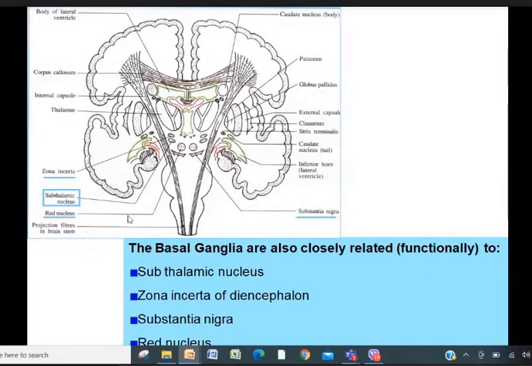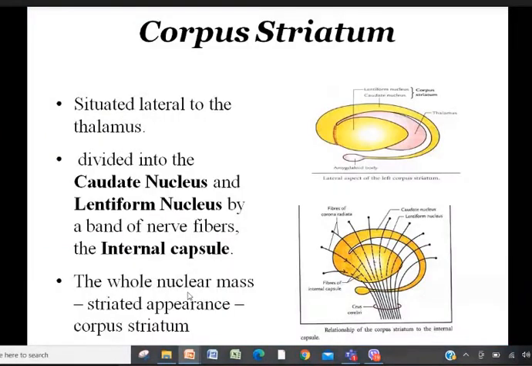Talking about the corpus striatum, why is it called striatum? Because the whole nuclear mass is striated in appearance. It looks striped, so that's why it is known as corpus striatum. It is situated lateral to the thalamus. It is divided into caudate nucleus and lentiform nucleus by the internal capsule.